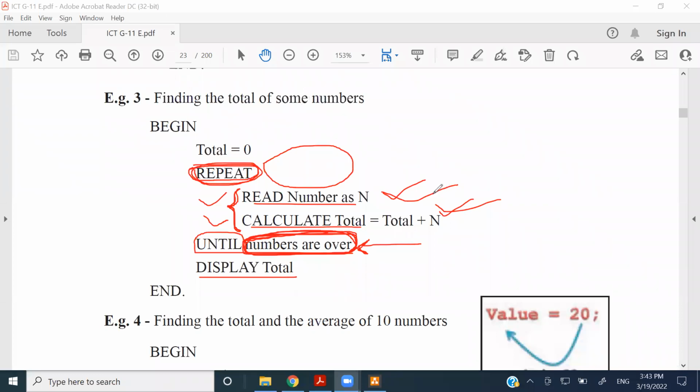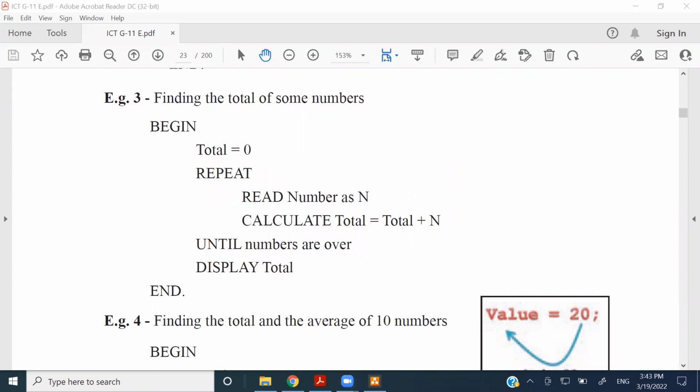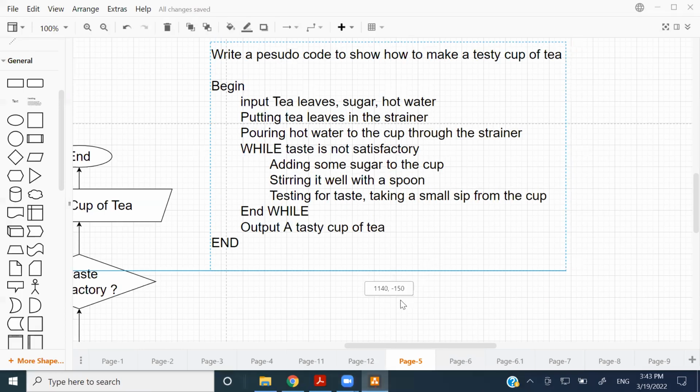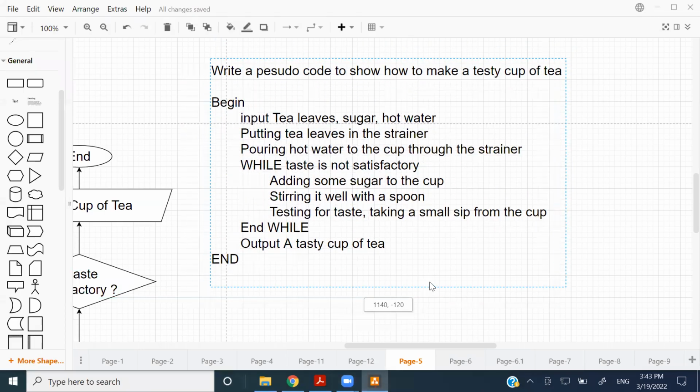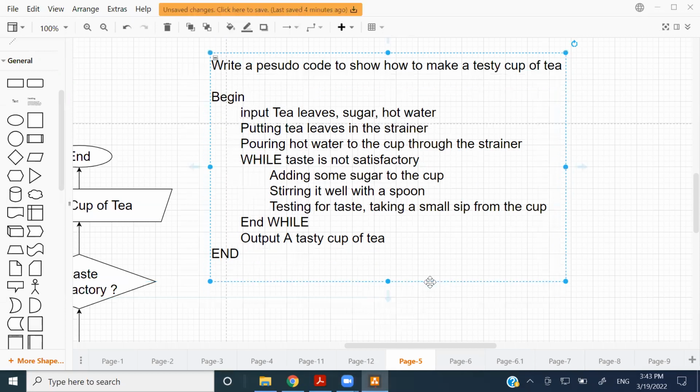Okay, great. Right, now can you give a try to write this particular pseudocode from the repeat until structure, and consider it as the second method of this question. This is the first method, so try to write this as a second method.